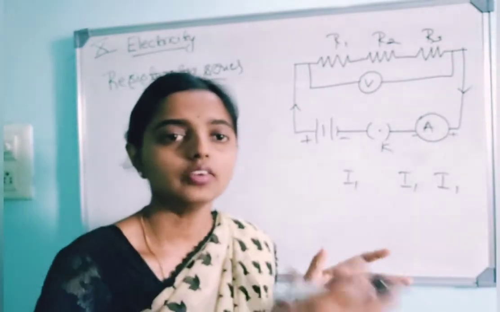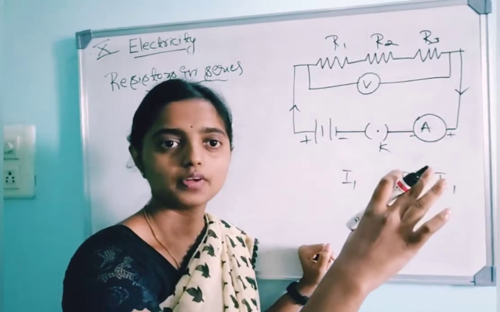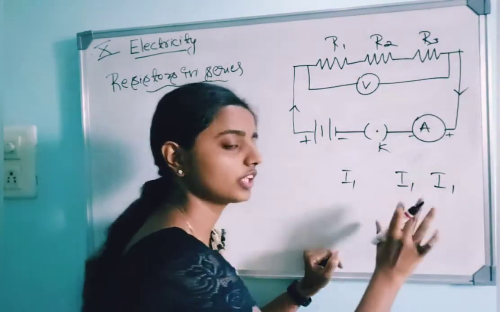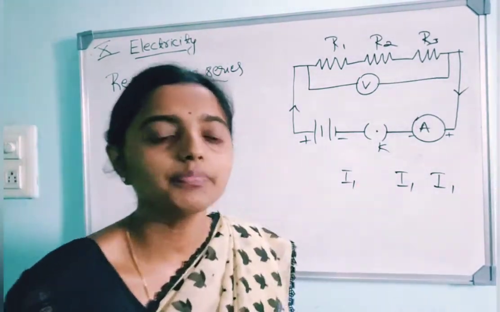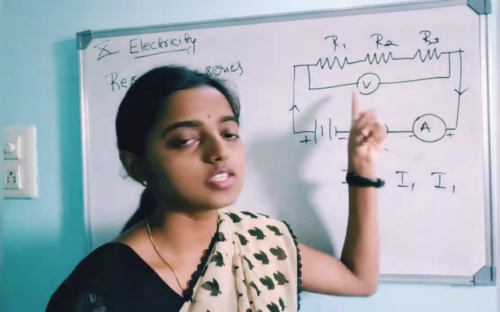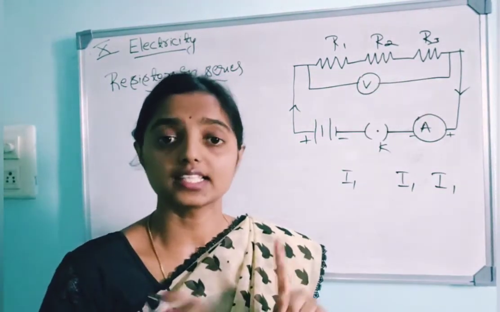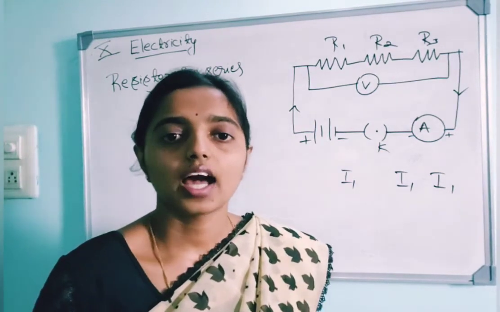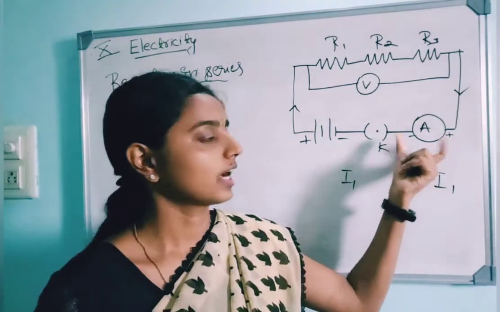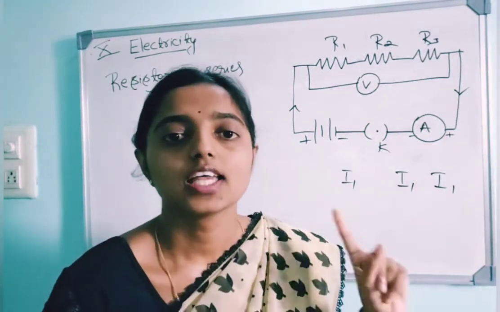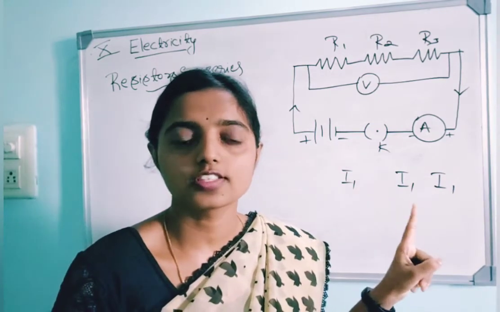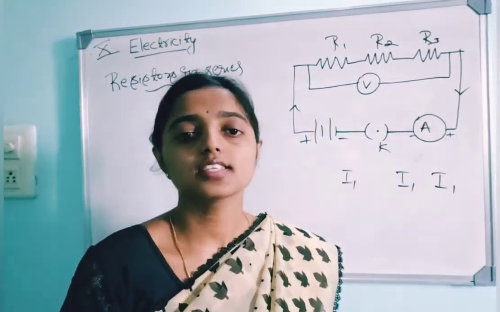We can increase these trials. Next I connected it between R2 and R3 and got the same value. From this activity we can conclude that whenever resistors are connected in series, the current is independent of position. Wherever we connect the meter, it gives the same value. Clear? That means current is constant in a series circuit.